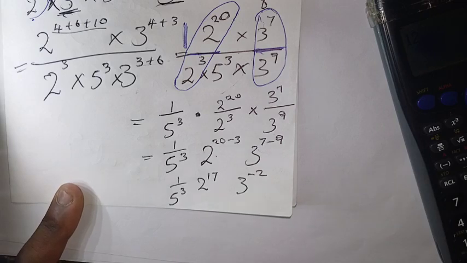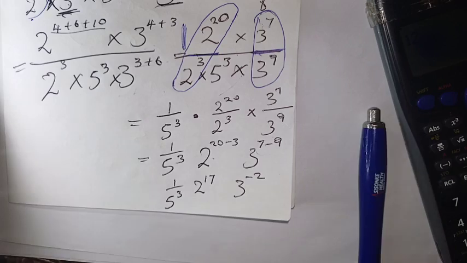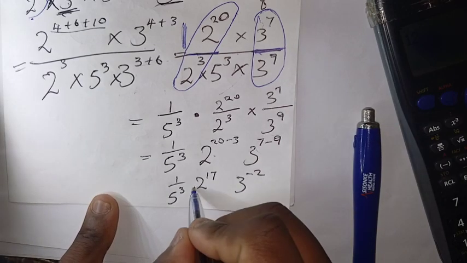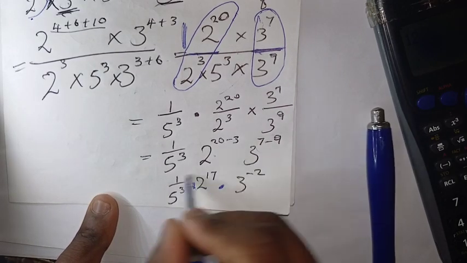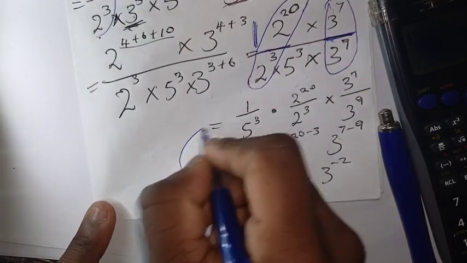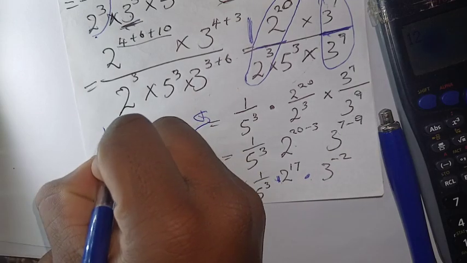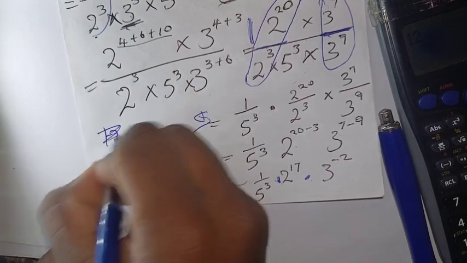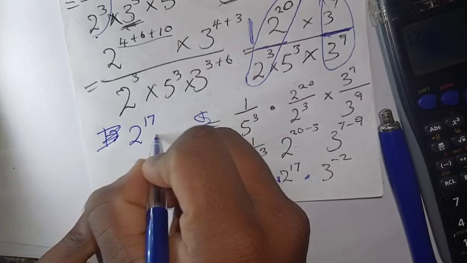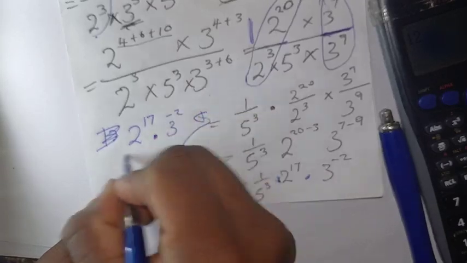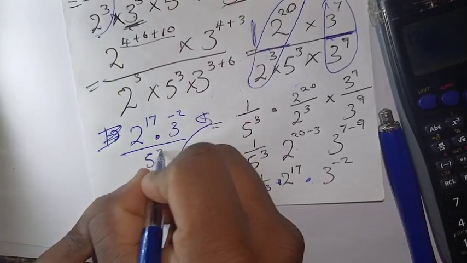Please be aware, guys, anything that you multiply to a fraction goes upwards. So this becomes 2 to the 17 multiplied by 3 to the minus 2 divided by 5 exponent 3.